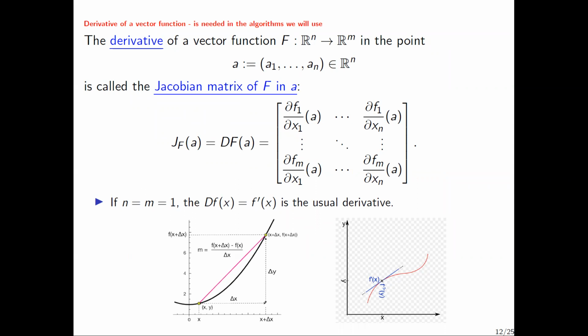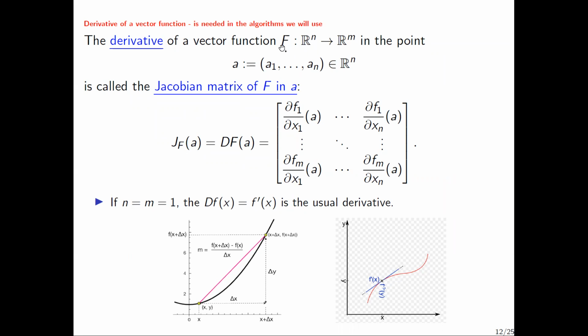But if we want to generalize this method to more variables and more equations, then we need to first generalize the notion of a derivative of a function. And for this aim, we introduced the so-called Jacobian matrix. So we have a function F. This is a function which has m coordinate functions, and each of those coordinate functions depends on n variables.